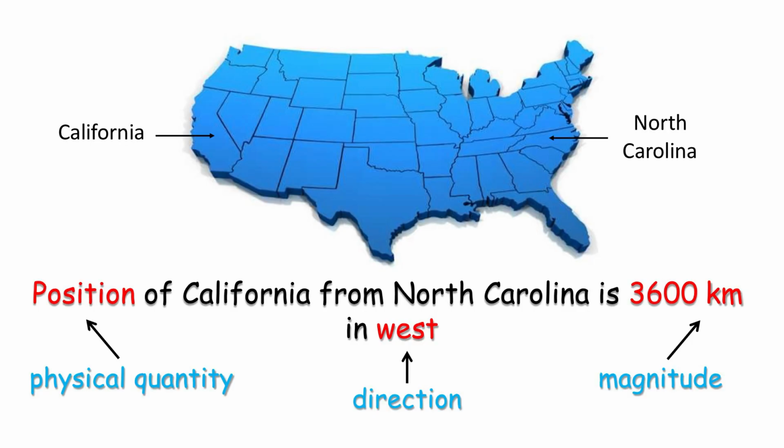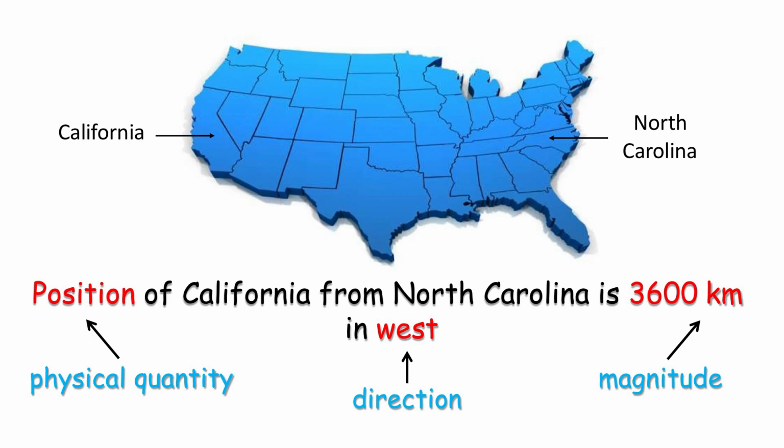On your screen you will find two countries. One is California, another one is North Canada. The position of one country with respect to another makes a certain angle. That angle indicates its direction.